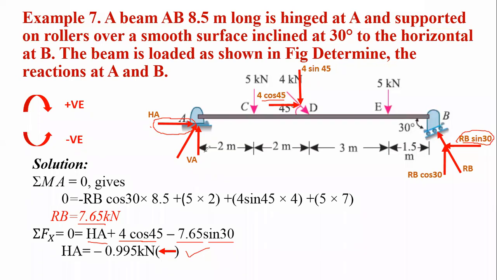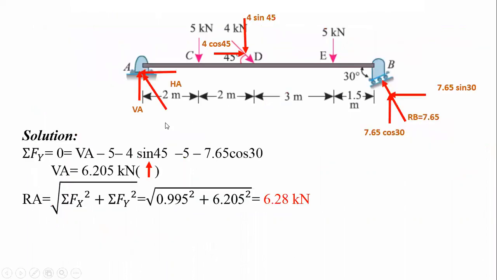Okay, now let us find out VA. To find VA, we take the summation of all vertical forces, summation Fy is equal to 0. HA is now revised and shown in the left direction, and RB is 7.65.